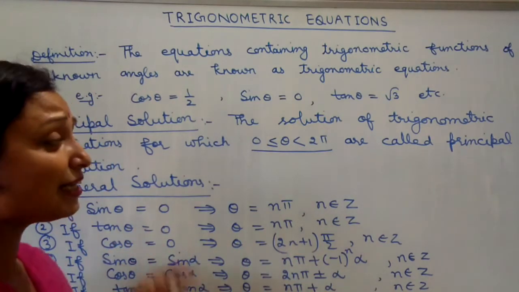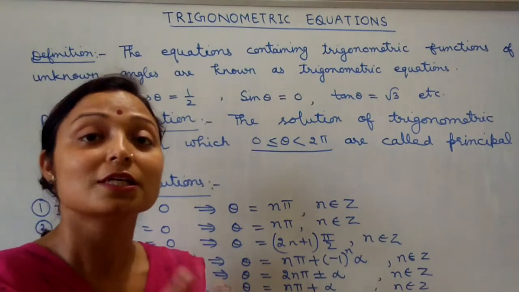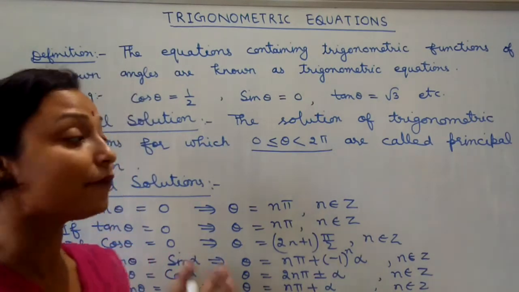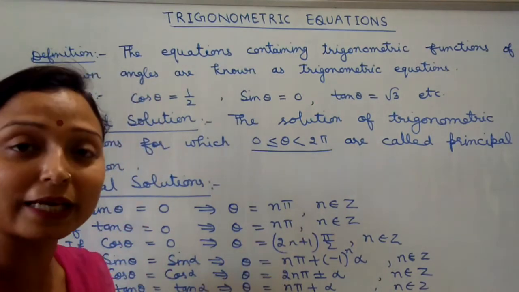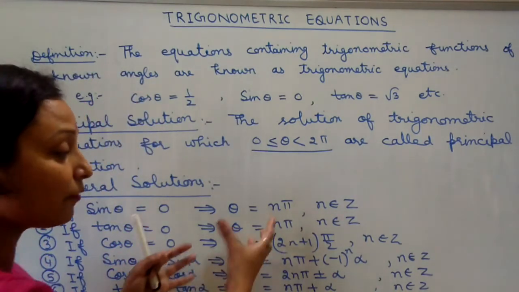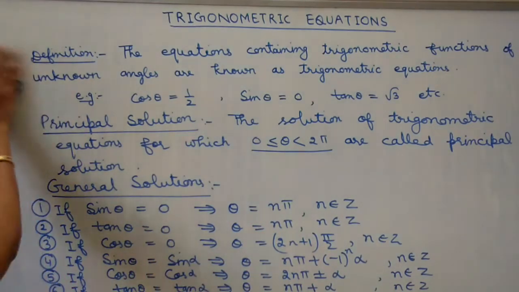How do these angles work? It will not be clear to all of you if the questions are not explained. So let's come to the questions, how we can apply these formulas. Come to the questions. I will solve the question for you.